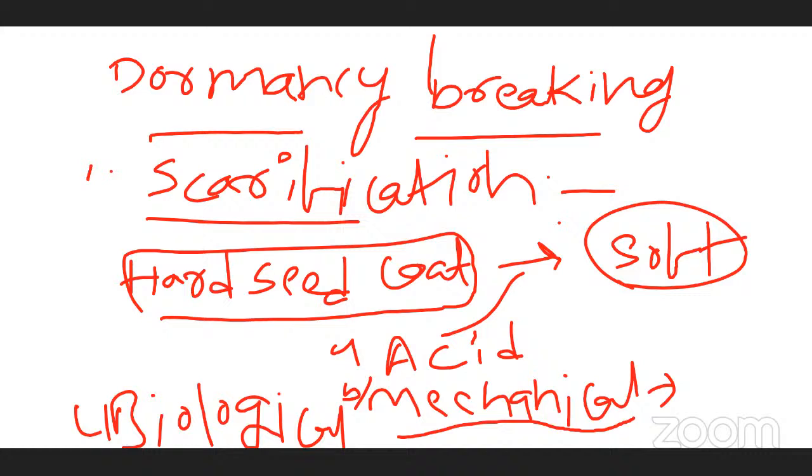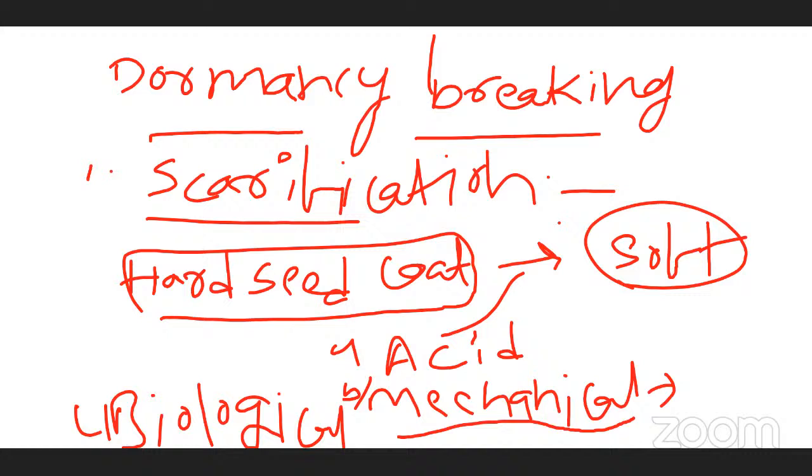We know in the gut there are different types of acid, especially HCl. Due to the acid treatment, the hard seed coat automatically becomes soft within the gut of the birds or animals, right? In any manner, we should remove the dormancy.